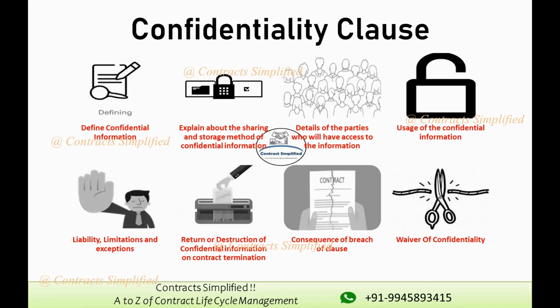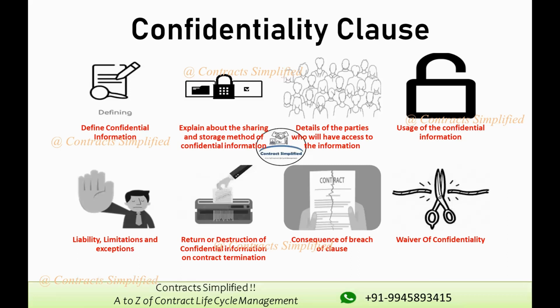For example, if the confidential information is being stored online, then you can ask them for any additional security in their website or any other platform wherein it is being shared, or the user credentials or any additional certificate. So it will depend on the same.